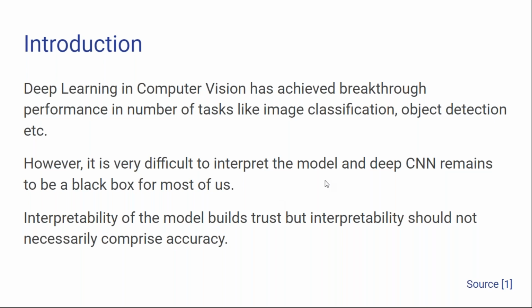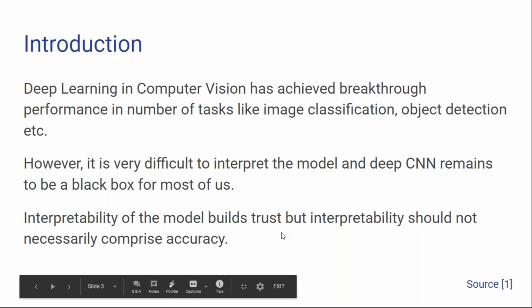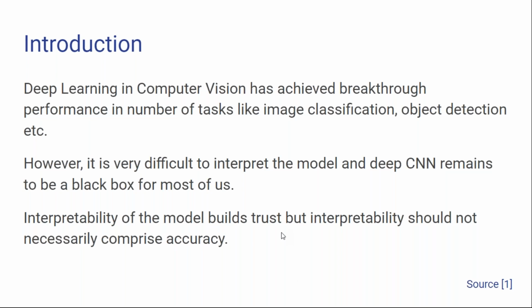Many prefer a simple classic machine learning model and compromise on accuracy simply because the model is more interpretable and explainable to a business user. But it is not necessarily true that we should compromise accuracy for the sake of interpretability. We can find techniques that are both interpretable and don't lose accuracy.